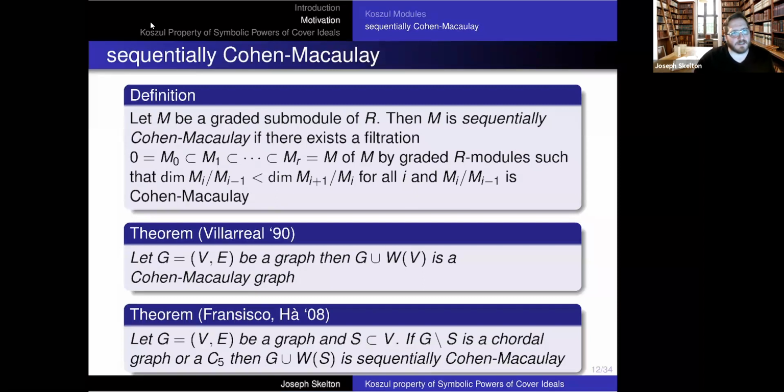This has a relation to whiskering because in 1990, Villarreal showed that if you whisker every vertex on a graph, then that graph is Cohen-Macaulay. Then Francisco and Ha in 2008 showed that if you whisker certain subsets, you get sequentially Cohen-Macaulay. So if you loosen the restriction on the vertices, you get a looser definition of Cohen-Macaulayness.